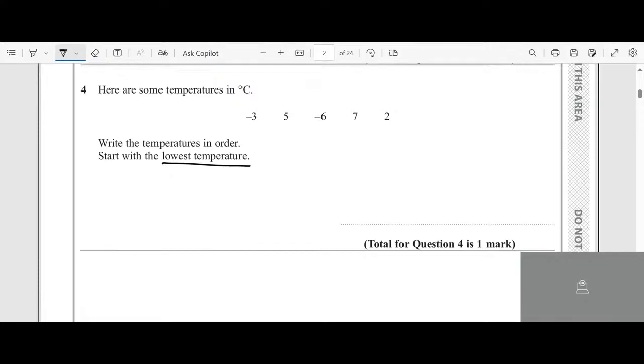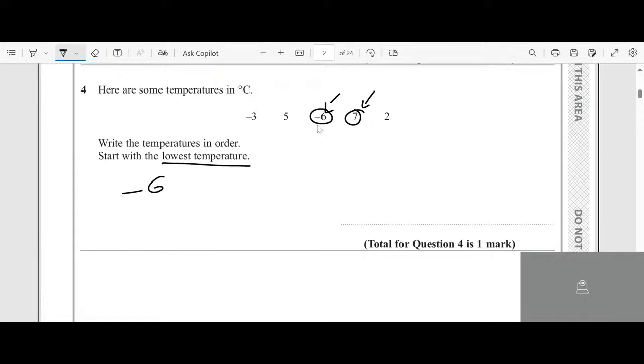So the largest negative is -6, and then we have the largest positive. So the bigger the negative, the smaller the number. You have to note that. The bigger the negative, the smaller the number, and the bigger the positive number, the greater the number.